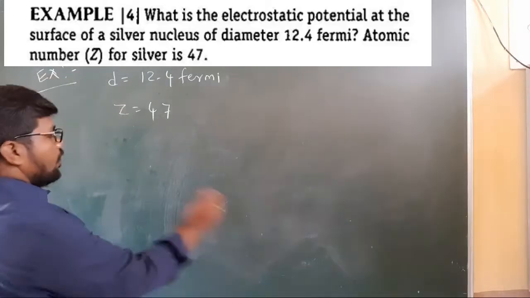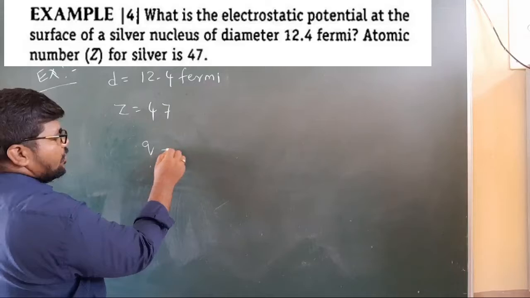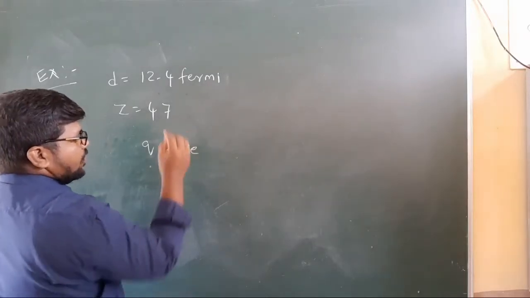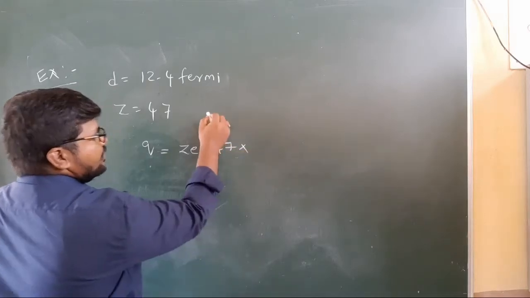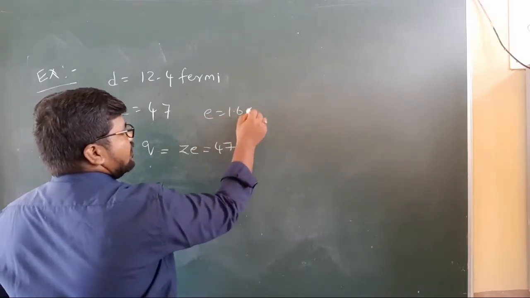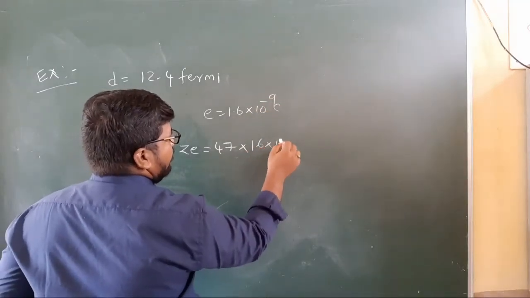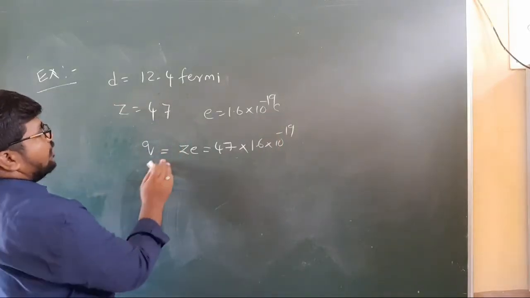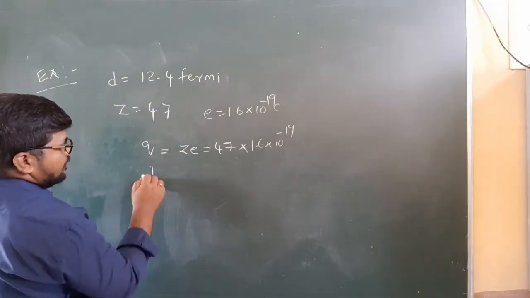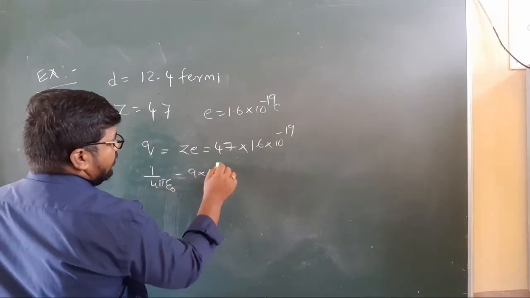See here, they didn't give the charge. We know that charge is equal to Ze. So it is 47 into what is the e value? 1.6 into 10 power minus 19 coulomb. Then 1 by 4 pi epsilon naught is 9 into 10 power 9.